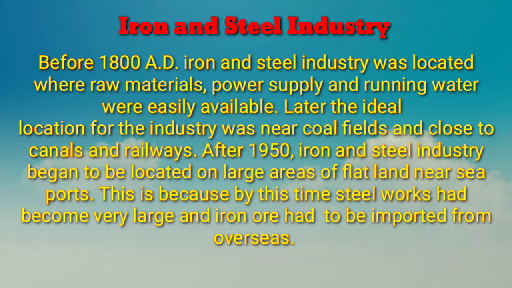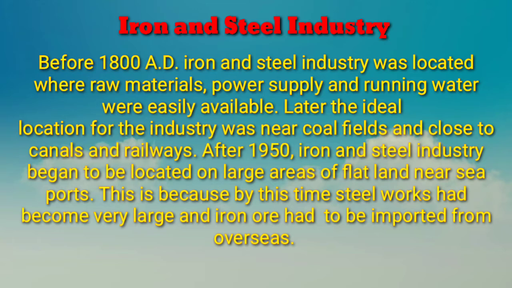Before 1800 AD, the iron and steel industry was located where raw materials, power supply and running water were easily available. Later, the ideal location for the industry was near coal fields and close to canals and railways. After 1950, the iron and steel industry began to be located on large areas of flat land near seaports.